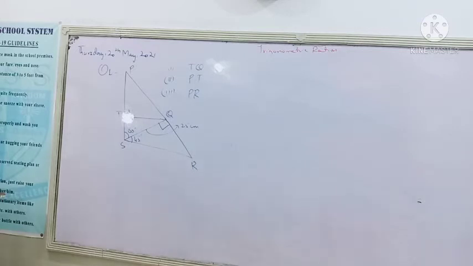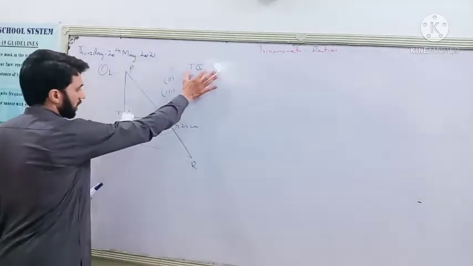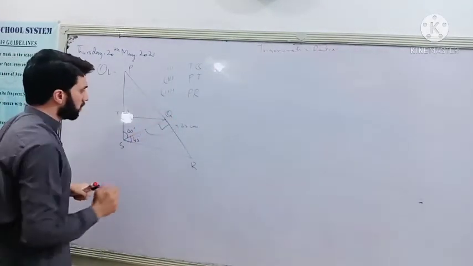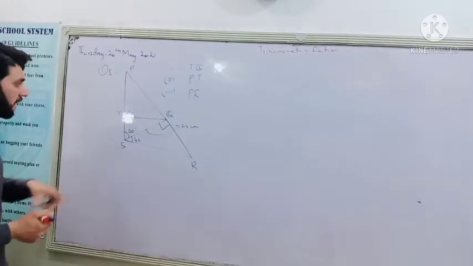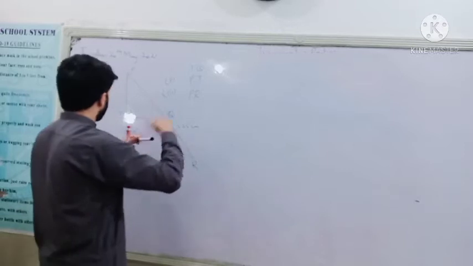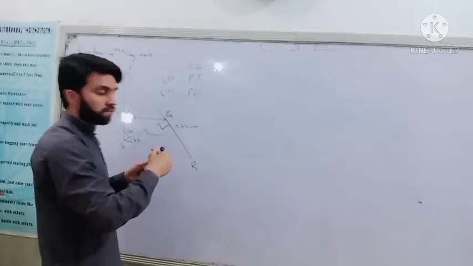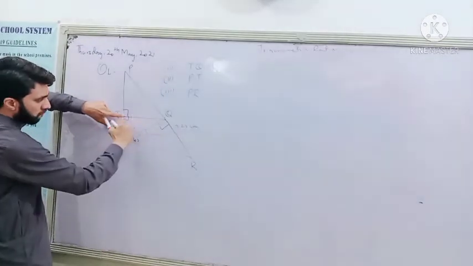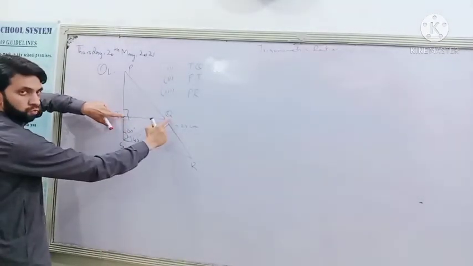So first of all, let's take TQ. We have to find this TQ. This TQ is very simple to find out if I take out the triangles individually, because TQ is the side of triangle TSQ, right?